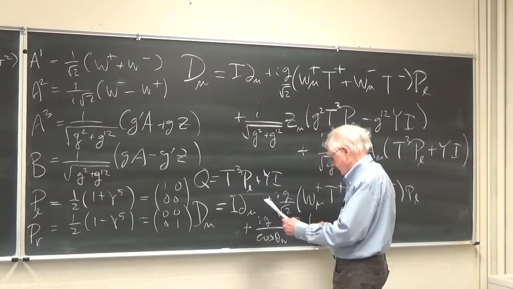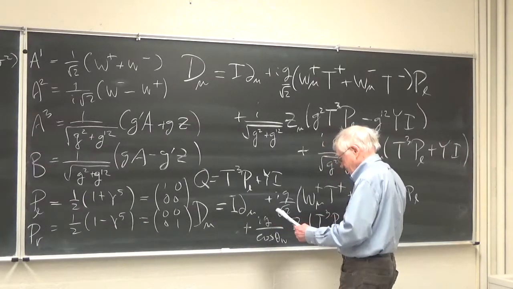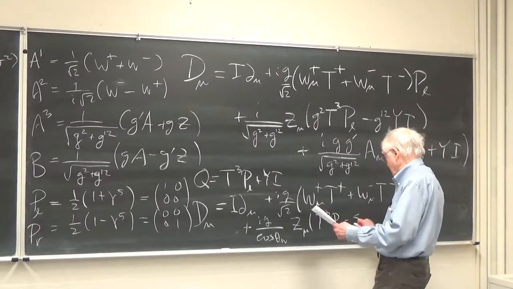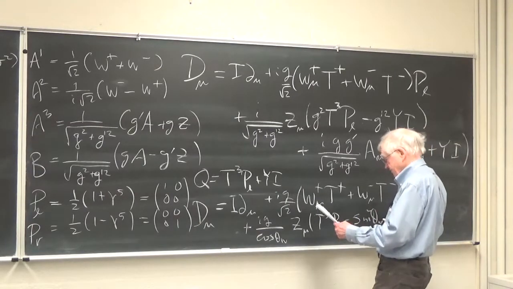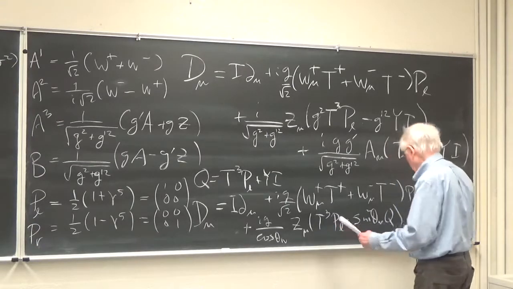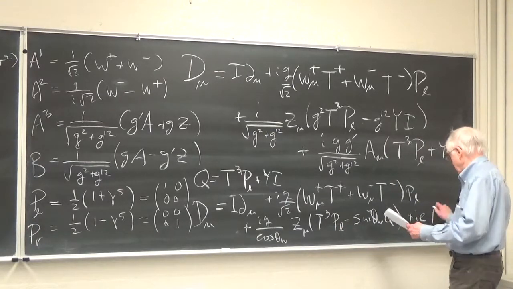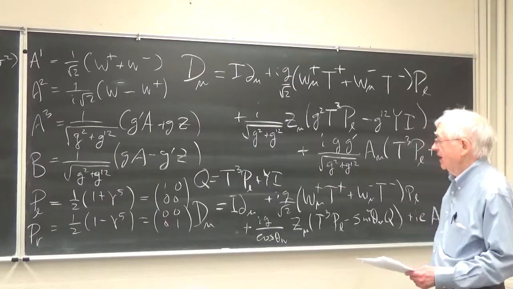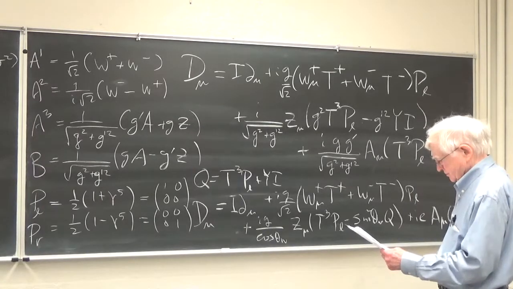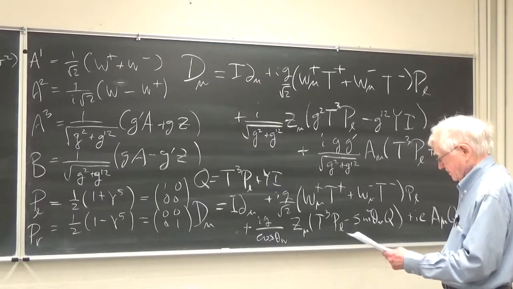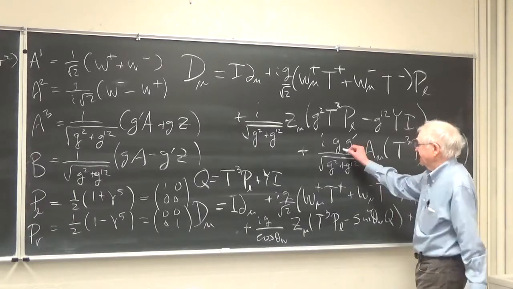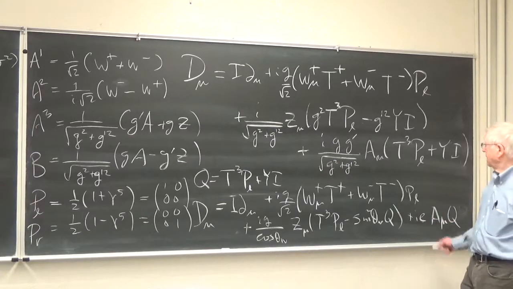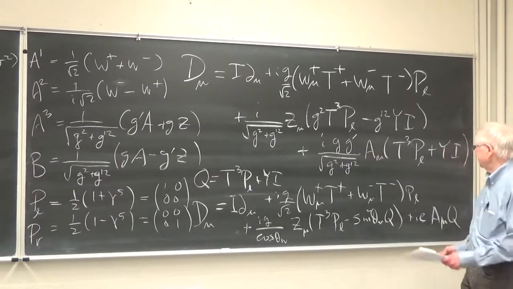Z mu T3 PL minus sine squared theta weak times Q, plus i e A mu Q. And this factor here is what goes into making the electric charge e. This is Q, that's e.